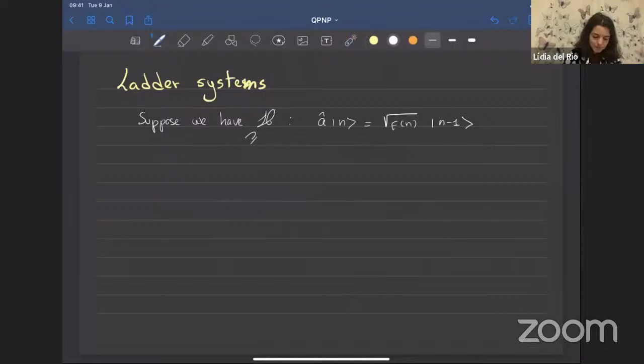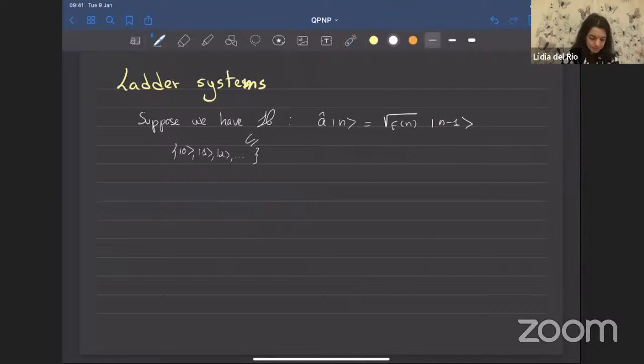So here we have 0, 1, 2, and so on till infinity. Oh, the other way around. Okay. Right, so we have all of them. Suppose we have it like this, and this function here is still to be determined. We don't know yet.